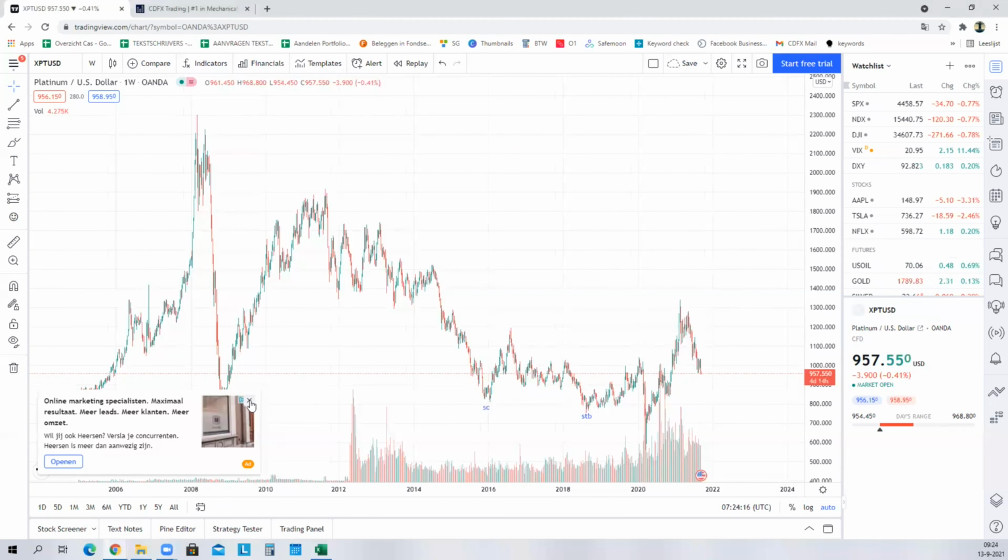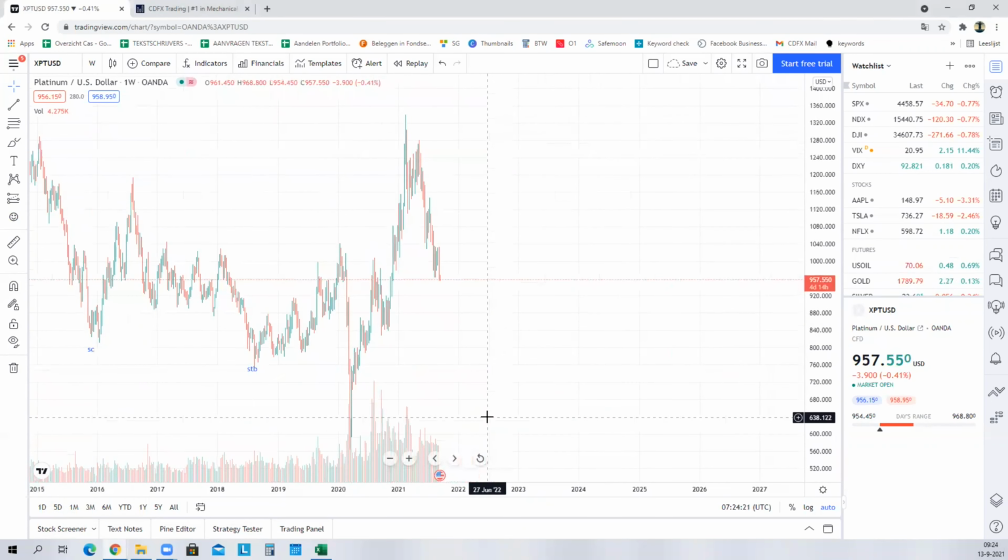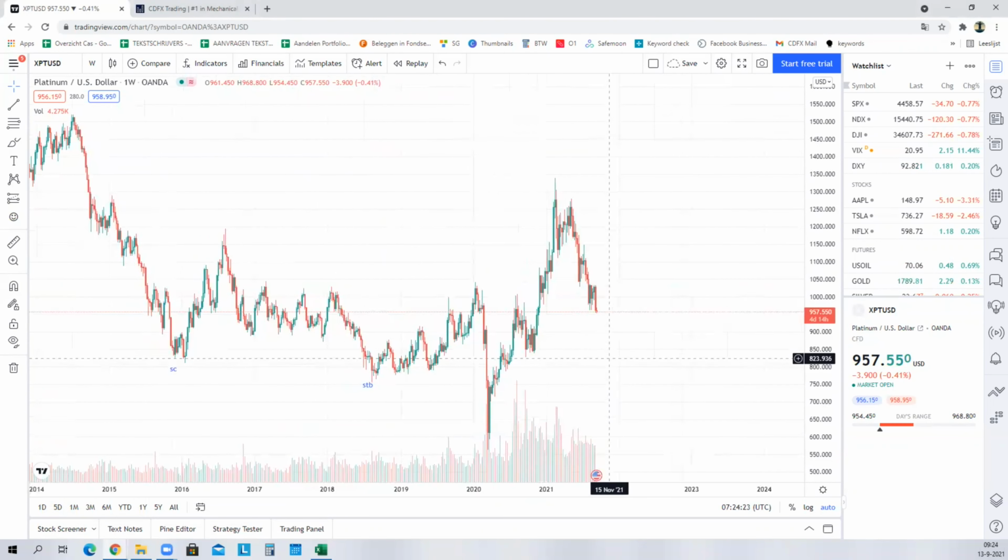We got the STB there. And then we've got a clear spring. And why is this a clear spring? Because it breaks the low of the range, so it captures liquidity. Liquidity is usually resting below here. This is an unbroken low, but we've got way more unbroken lows here. These lows, these lows, these lows. So you can expect liquidity to be there.